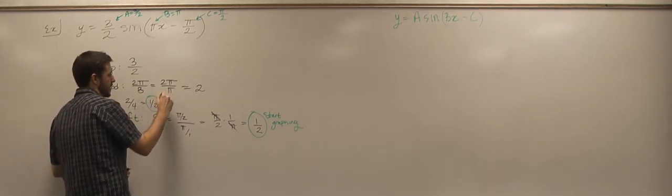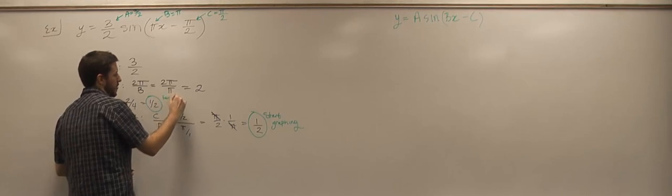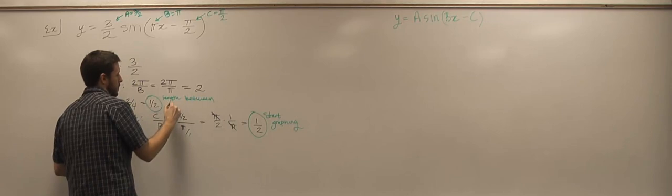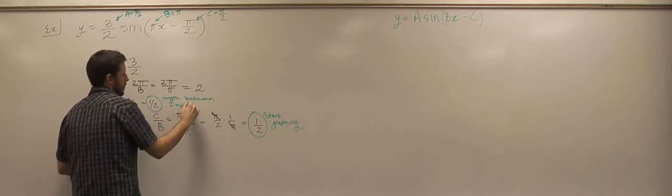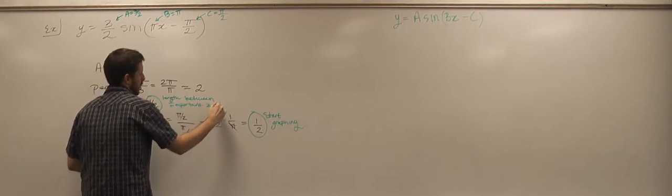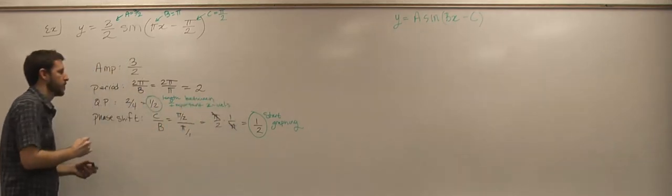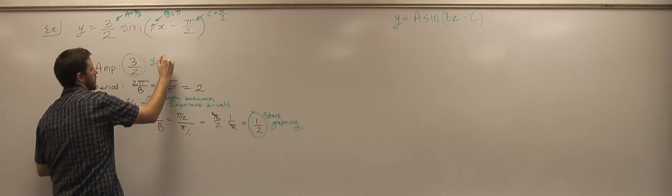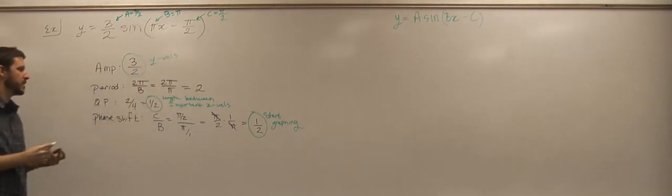So this is like the length between important x values. And then this guy is your y value. It tells you your max and min y value.